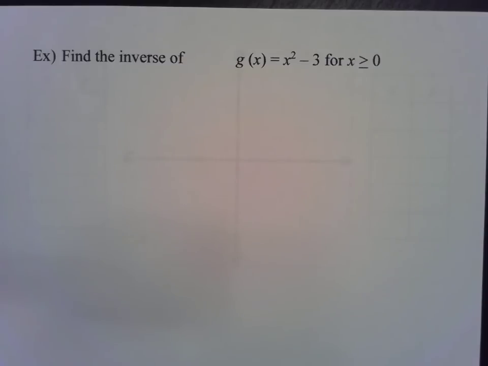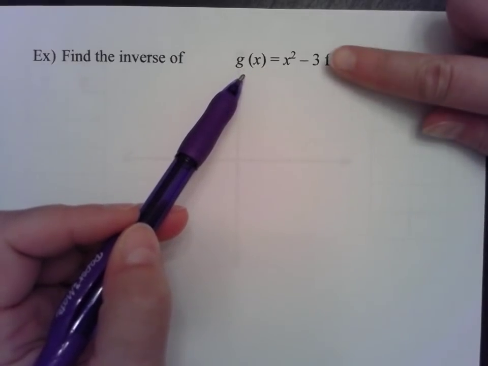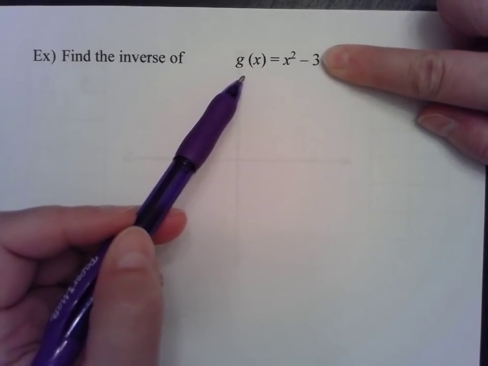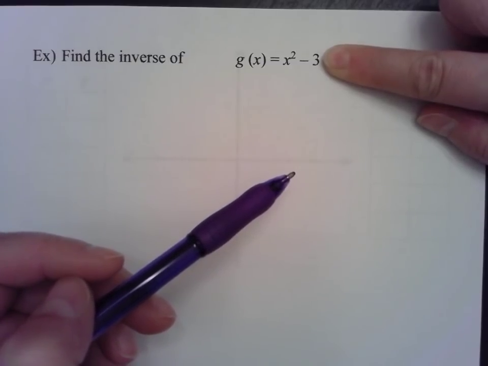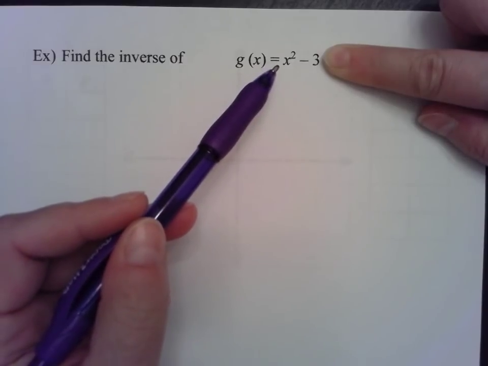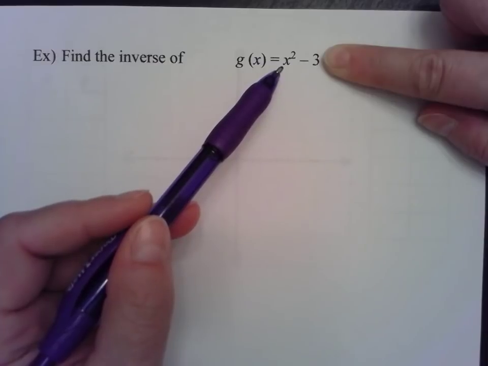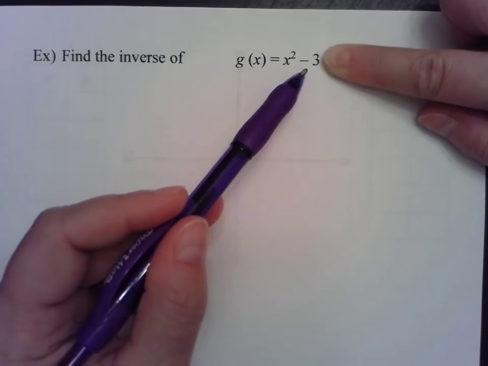Okay, so this is kind of an interesting example because if we think about g of x, let's ignore this addition at the end. Let's think about g of x as x squared minus 3. By itself, like this, it's a parabola shape because of the x squared, and it's shifted down by 3.